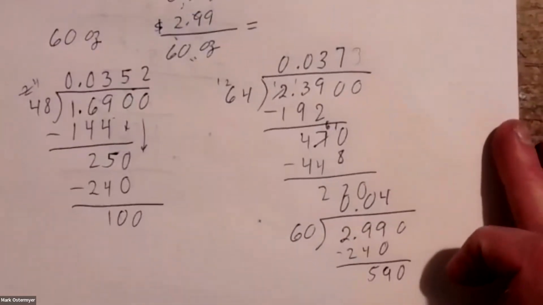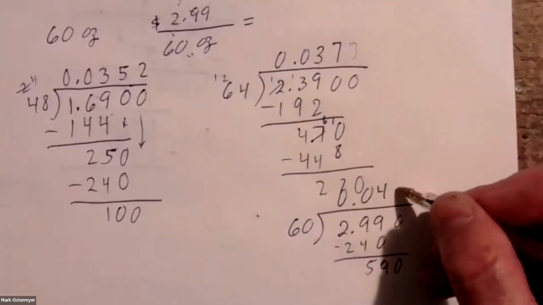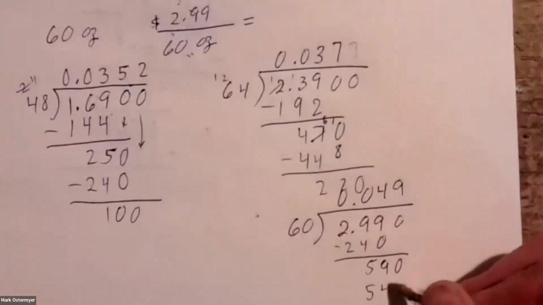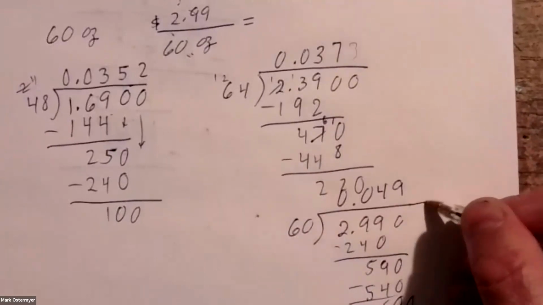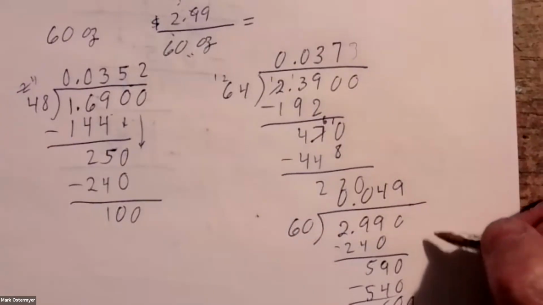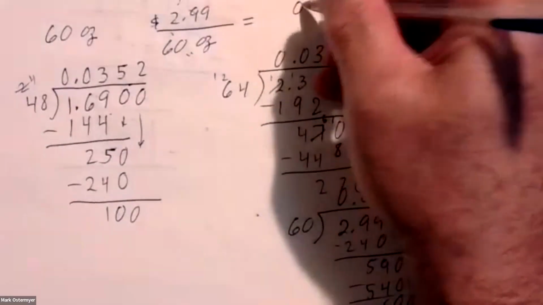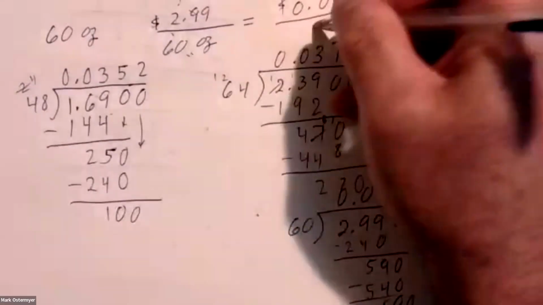How many times? 9 will work. That's 540. Subtract, 50, 500. 60 goes into 500. How many times? 8. This is 0.049-ish for 1 ounce.